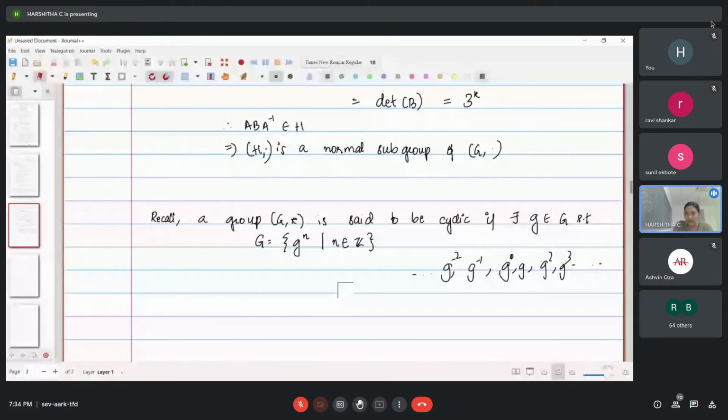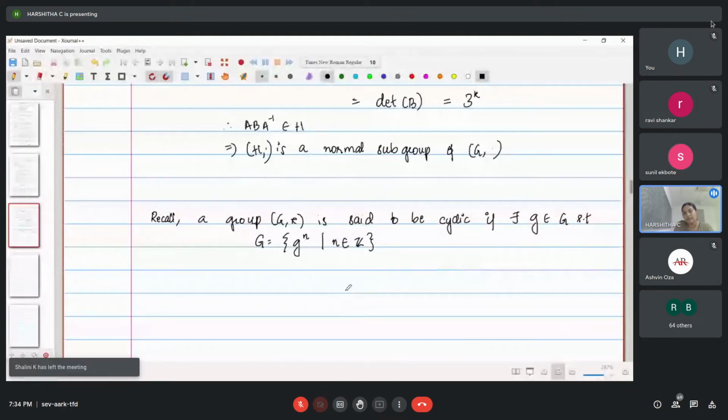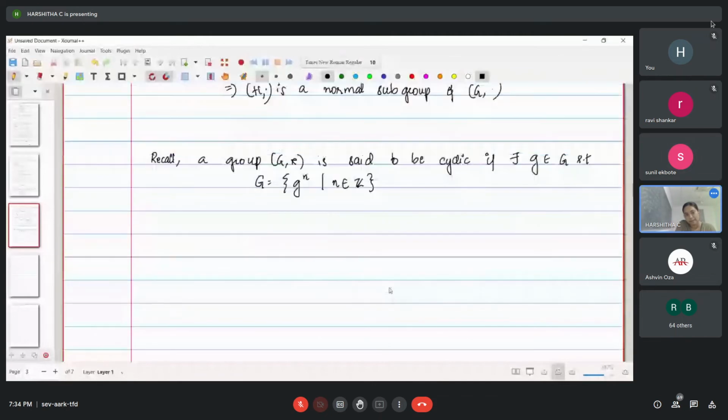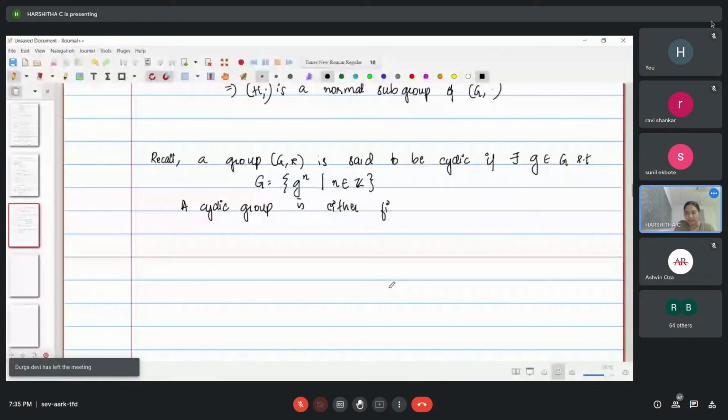When I say countable, we are also considering finite sets, denumerable sets. So any cyclic group will be at most countable, right? A cyclic group is either finite or countable. But if you look at our group H, we can show that it is actually uncountable.